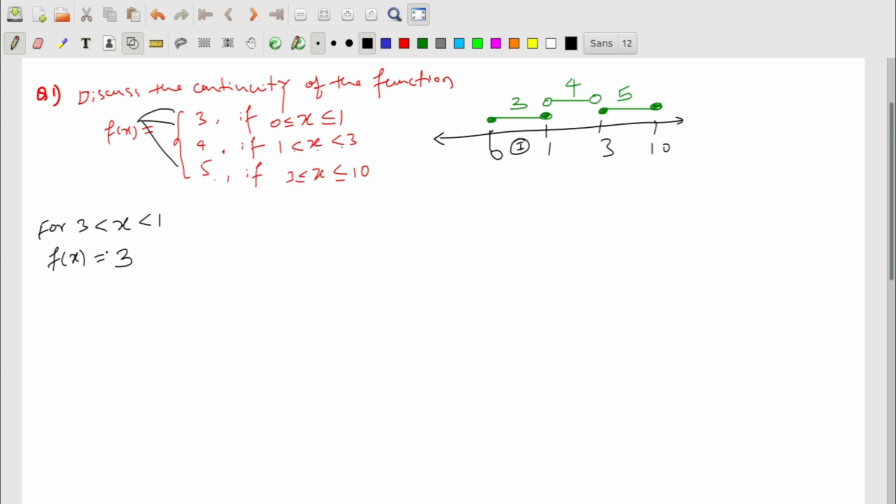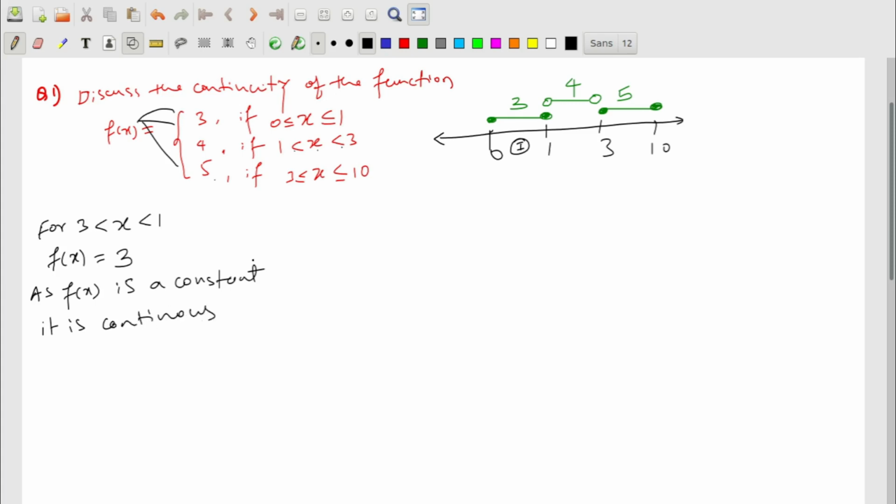And it is a constant, and a constant function is always continuous. So as f of x is a constant function, it is continuous.